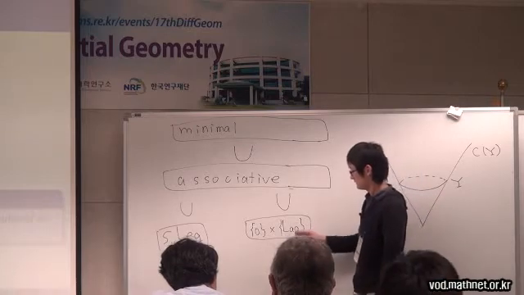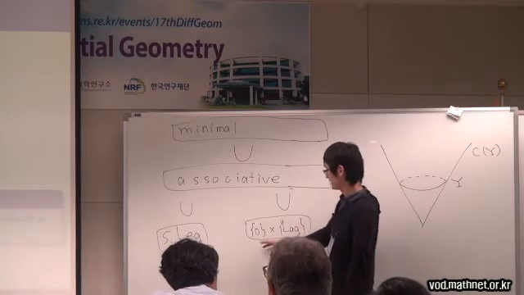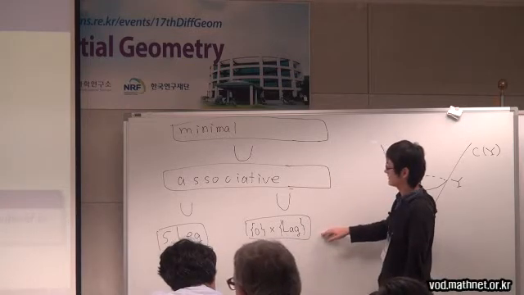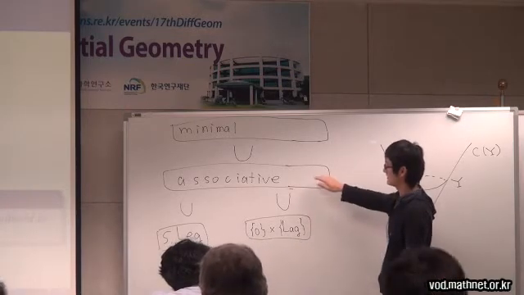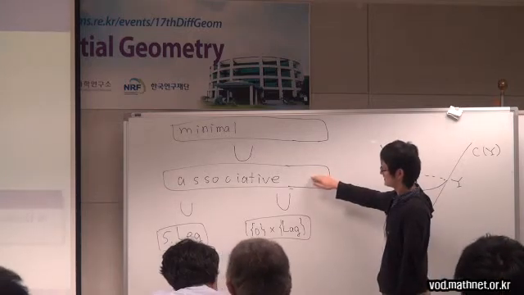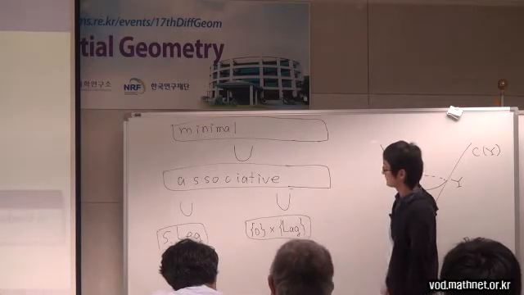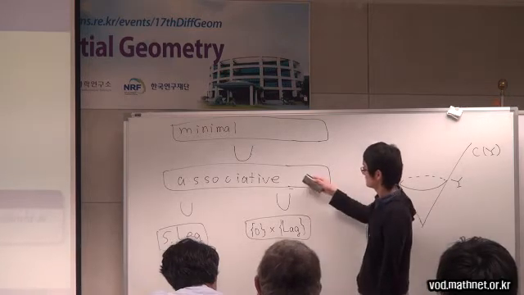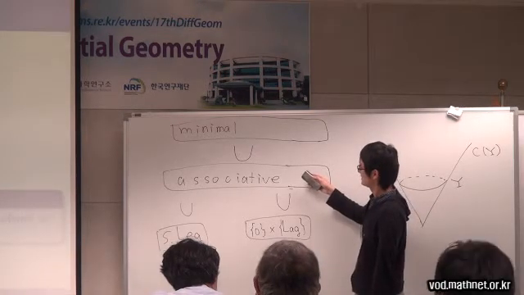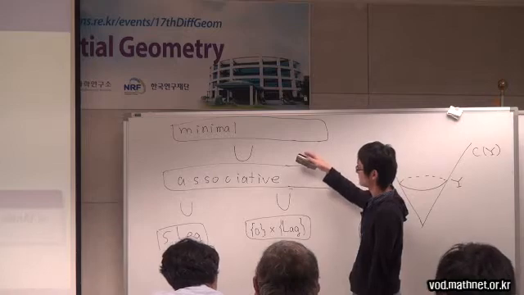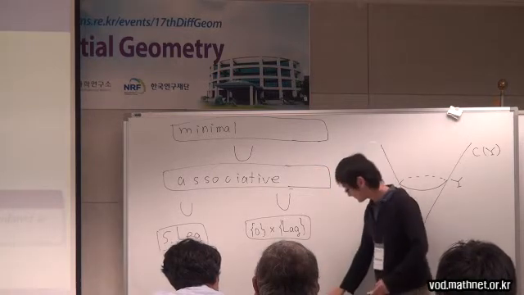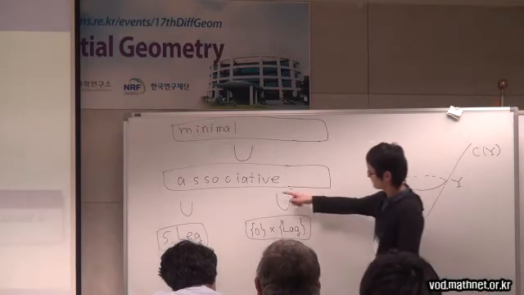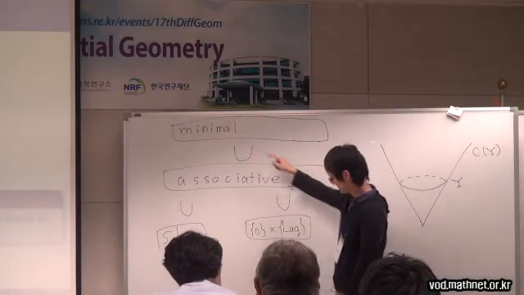And if we consider 0 times Lagrangian, then it is known to be an associative submanifold, and associative submanifolds are known to be minimal submanifolds. So there are three types of inclusions.